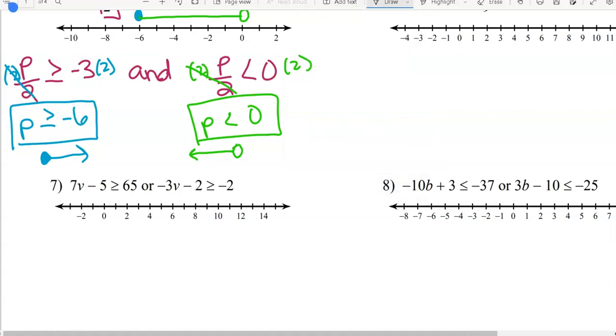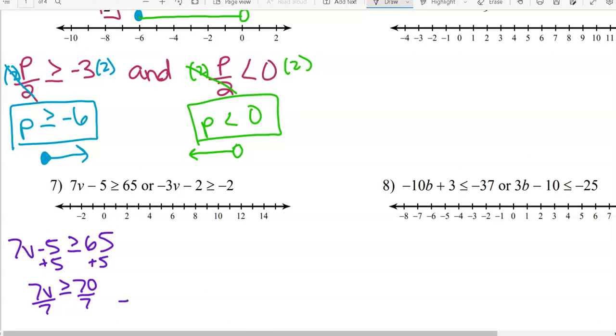So our first equation is 7v minus 5 is greater than or equal to 65. How are we going to get that v by itself? Add 5 over. And then, yep, so we have greater than or equal to 70. Yep, and then we're going to divide by 7. Is my symbol going to flip?